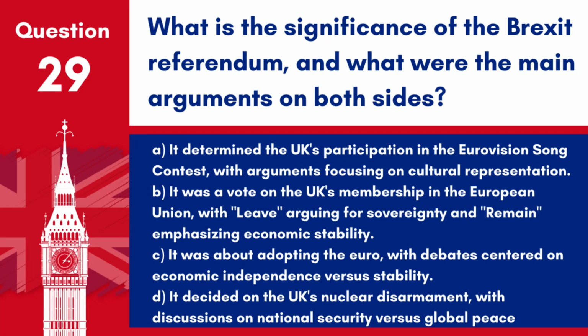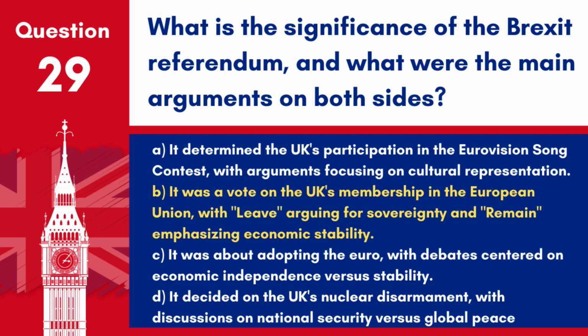B. It was a vote on the UK's membership in the European Union, with Leave arguing for sovereignty and Remain emphasising economic stability. C. It was about adopting the euro, with debates centred on economic independence versus stability. D. It decided on the UK's nuclear disarmament, with discussions on national security versus global peace.